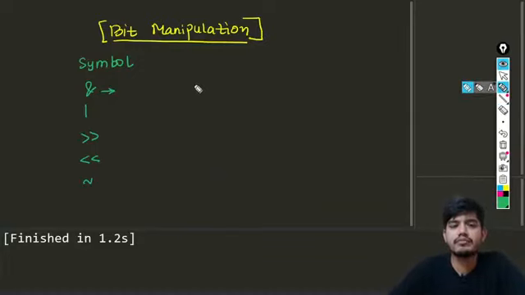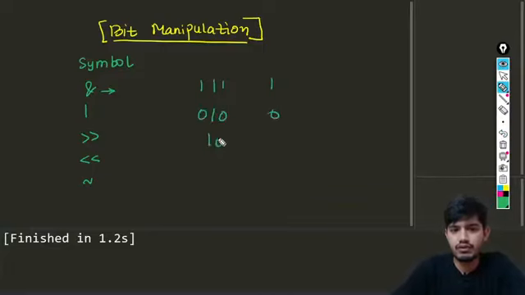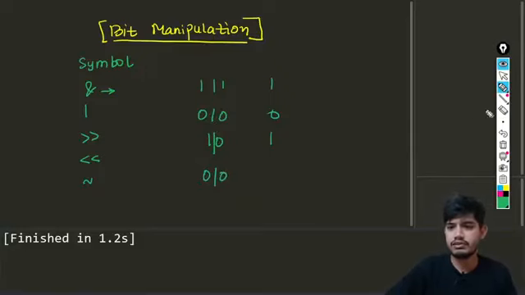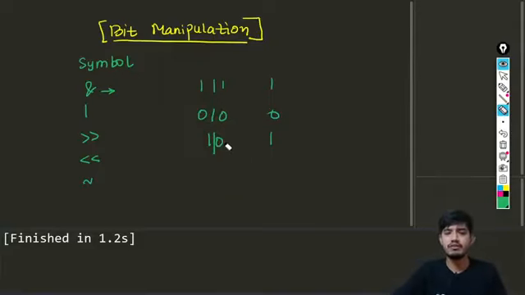If we take 1 or 1, it is 1 only. Then 0 or 0 is 0, and 1 or 0 gives you 1. So that is all about the OR operator. OR operator means if any one of them is 1, you get 1. If both are 0, then you get 0. That is the OR operator that we are going to use.